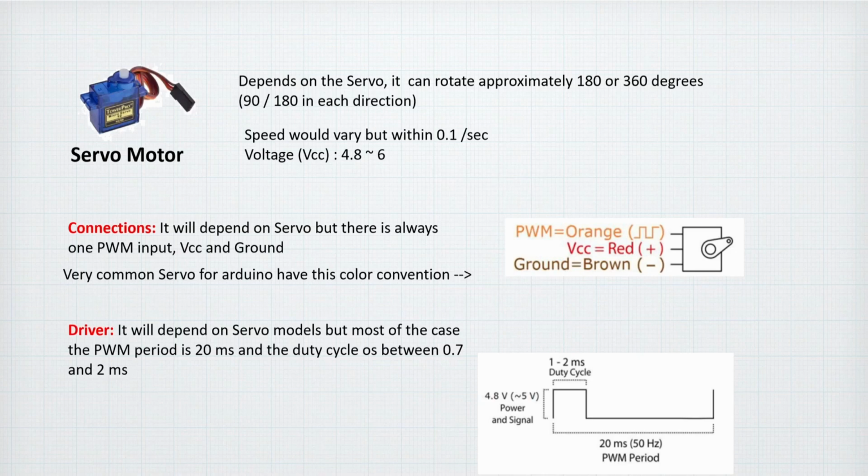Finally, to drive the servo motor using a PWM, you have to use a PWM period of 20 milliseconds, and the position itself is driven between 1 and 2 milliseconds. And here there is a little bit of a trick. It depends on the origin of the servo motor and also what type of servo motor. But after having some tests, I found that it's between 0.4 millisecond and 2 milliseconds. So it depends on the origin and on the servo motor itself.